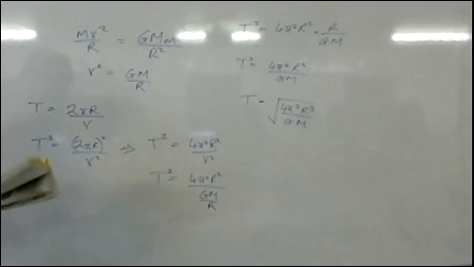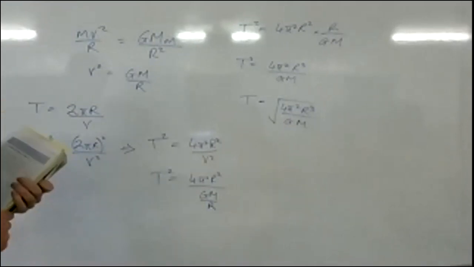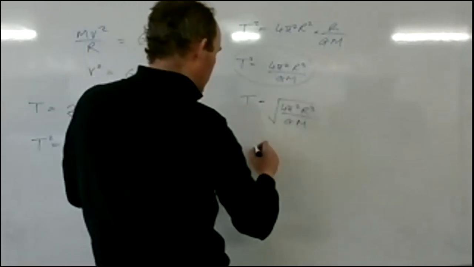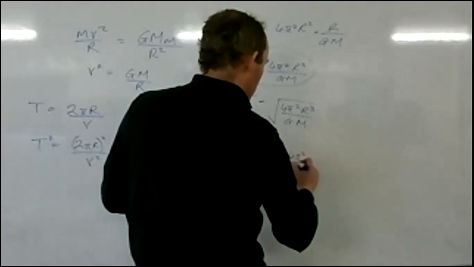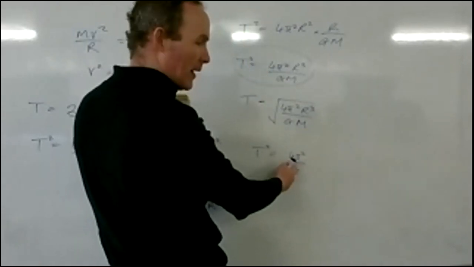Now the 4π² is from the formula, and G is a constant, so the 4π² is just a number.